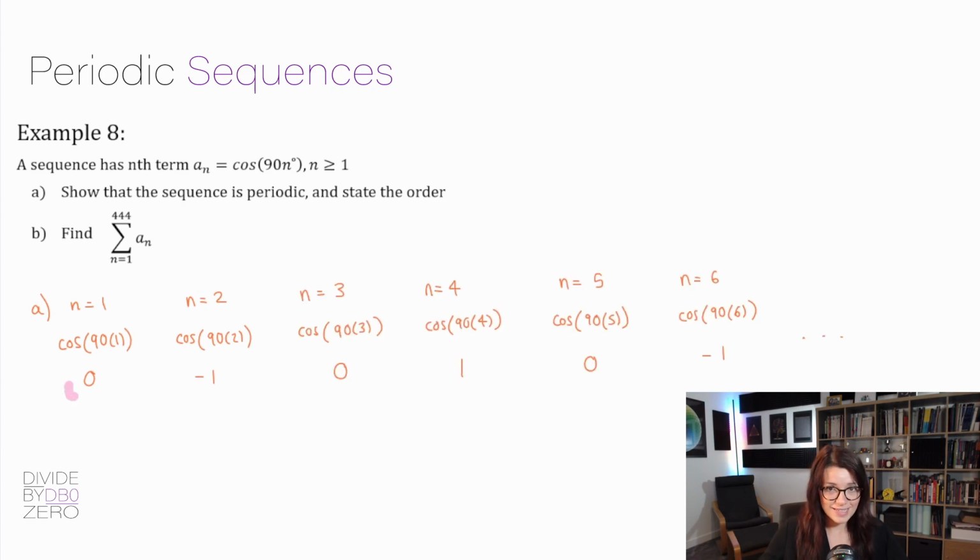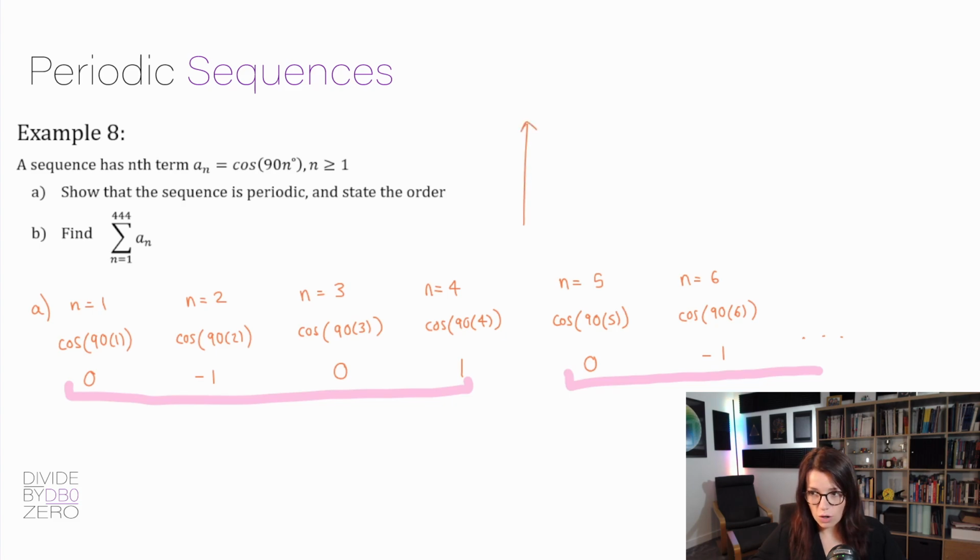Now, this looks like it's repeating itself every 4 terms. You could investigate more terms if you weren't sure, but if you think about it, in this scenario, it's just a cos graph. So if you make a sketch of cos, 0, 90, 180, 270, 360, and so on, starting with cos 90, that's 0.